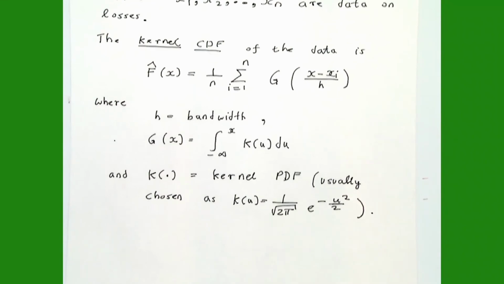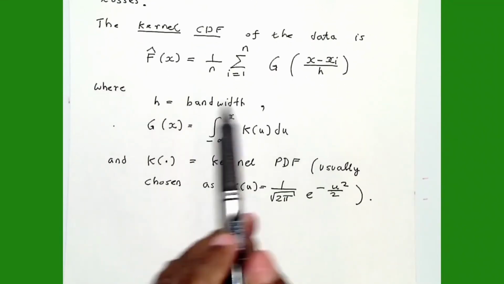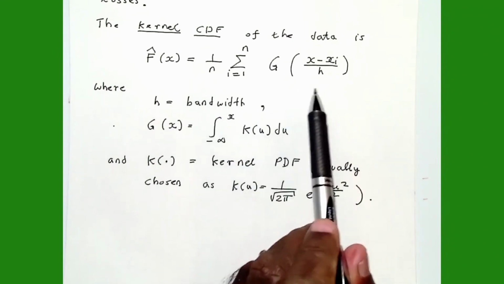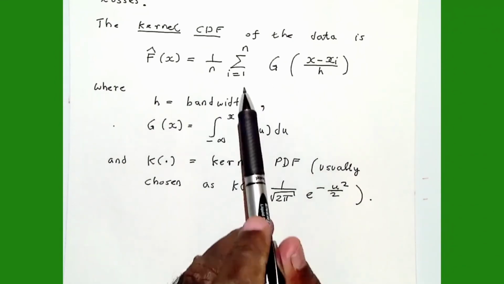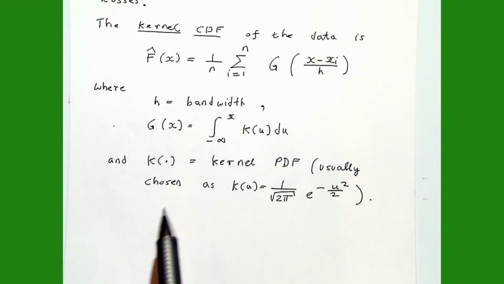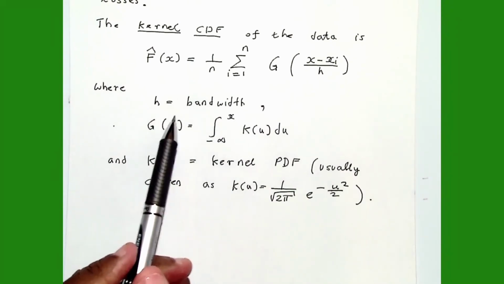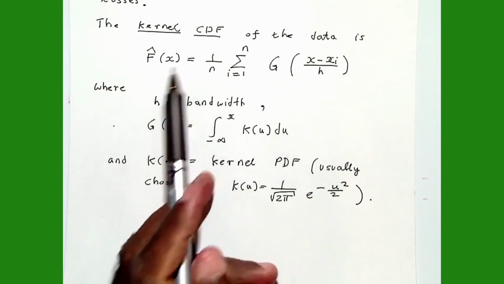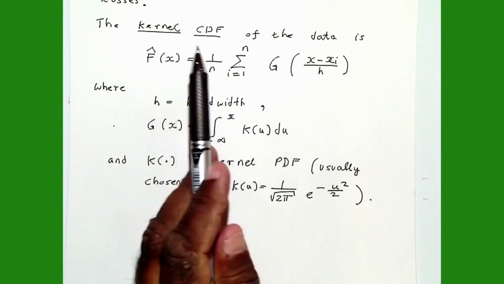Okay. Now, this is the formula for the kernel CDF. So unlike the empirical CDF, which I talked about earlier, this produces a smooth version of the CDF of the data. H controls the bandwidth. In other words, it controls how smooth the kernel CDF will be.